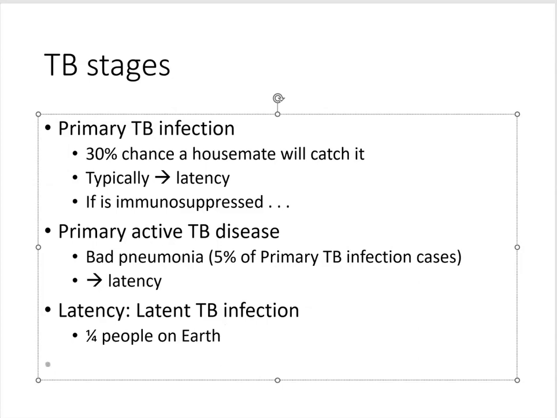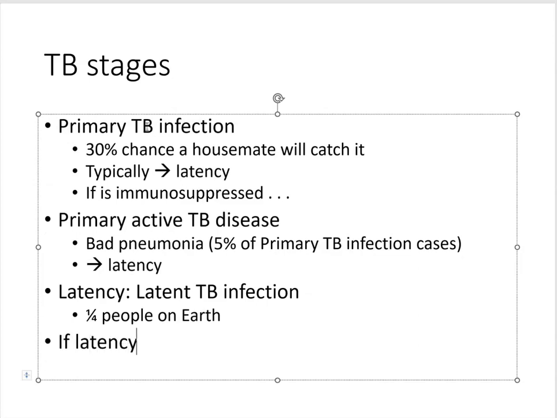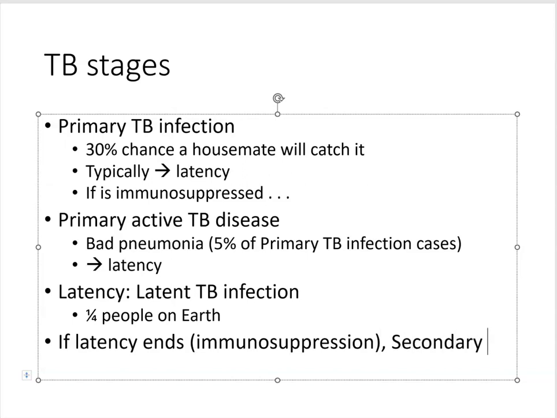The worst stage, generally speaking, is if latency ends. So if it reactivates because of some kind of later immunosuppression, like old age or AIDS or something else that damages the immune response in some way, it's called secondary active TB disease.